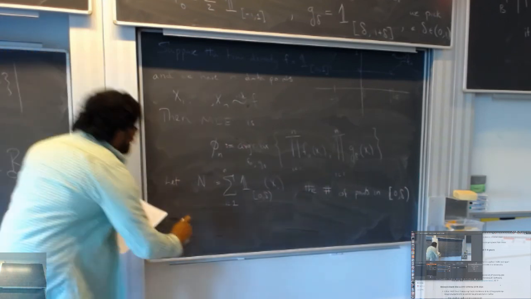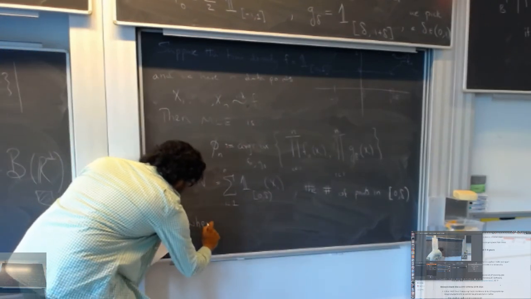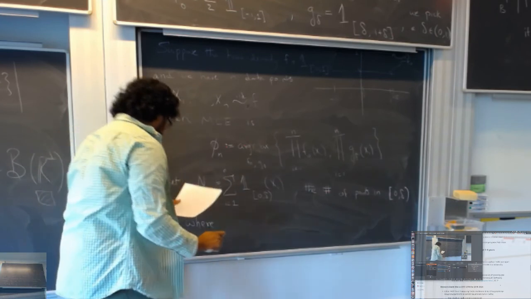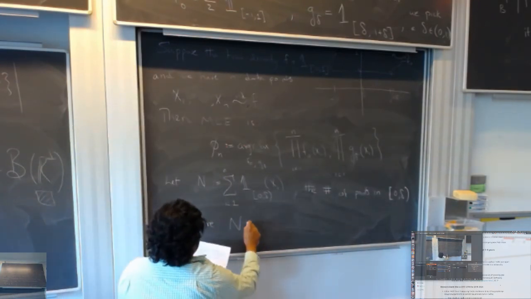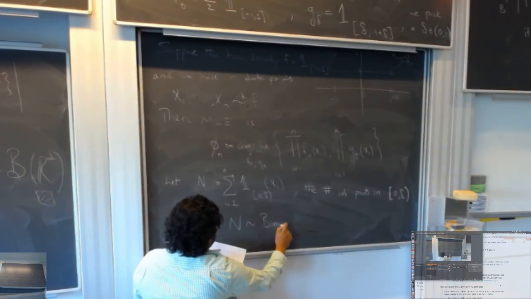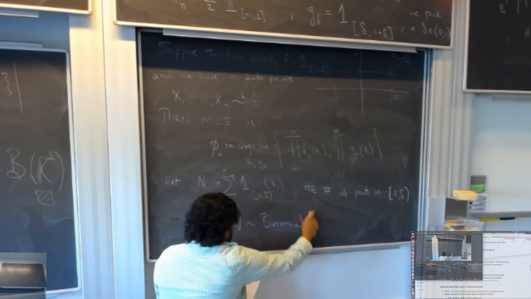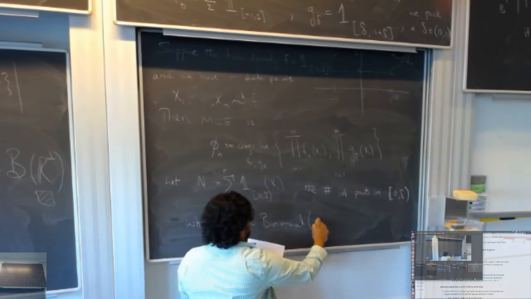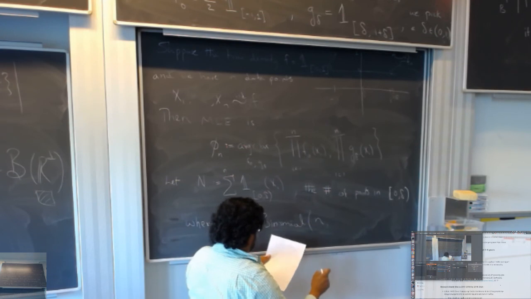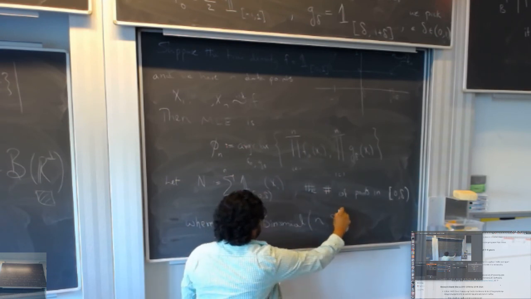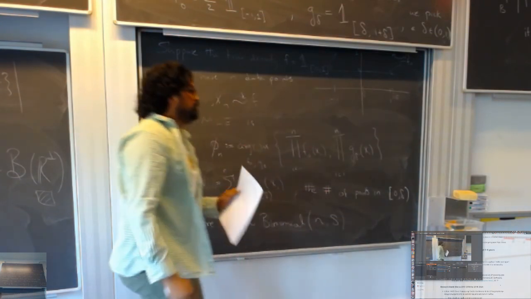And then you can see that this is simply a binomial random variable with number of trials n and probability delta, because that's just how the uniform will fall.